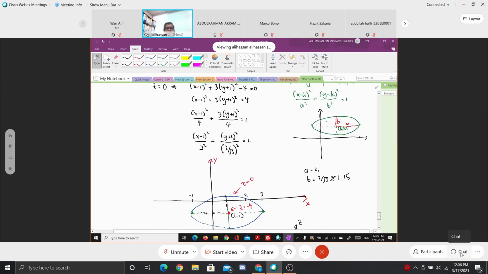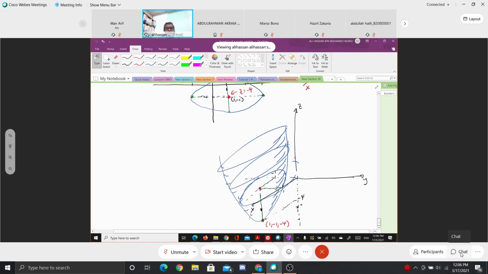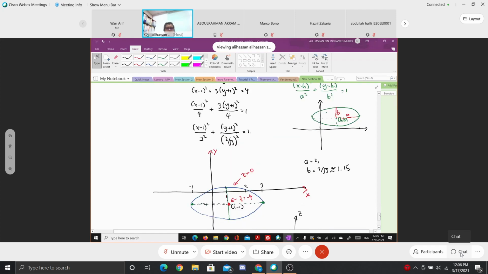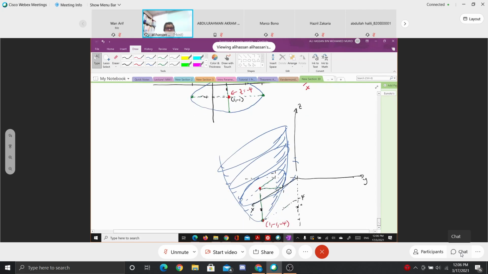And we did a sketch of the level curve z equal to 0, z equal to 4, and then with that information we made a sketch. So this is like an ellipsoid.